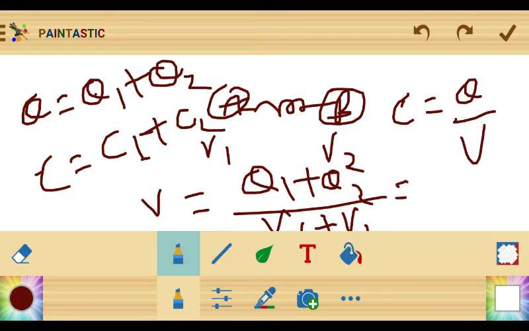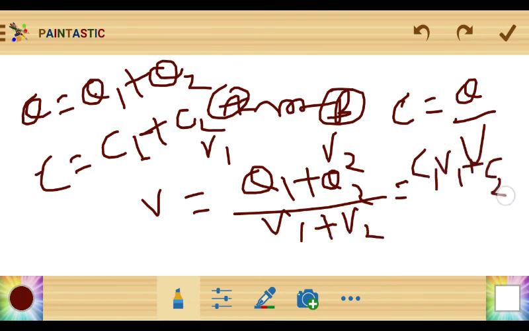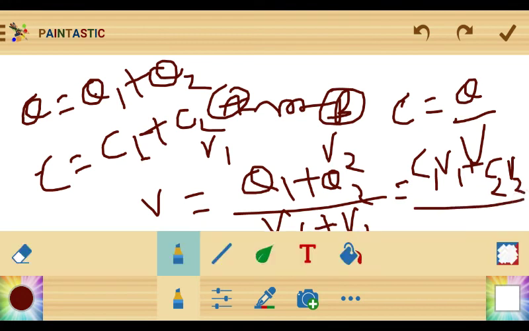Now from the earlier page, what we have done, how much was Q1? If you remember, Q1 is equal to simply C1 V1. So when I substitute the values, C1 V1 plus Q2 is C2 V2, upon C1 plus C2. Okay, I made a mistake, in the denominator it is C1 and here C2, so C1 plus C2.